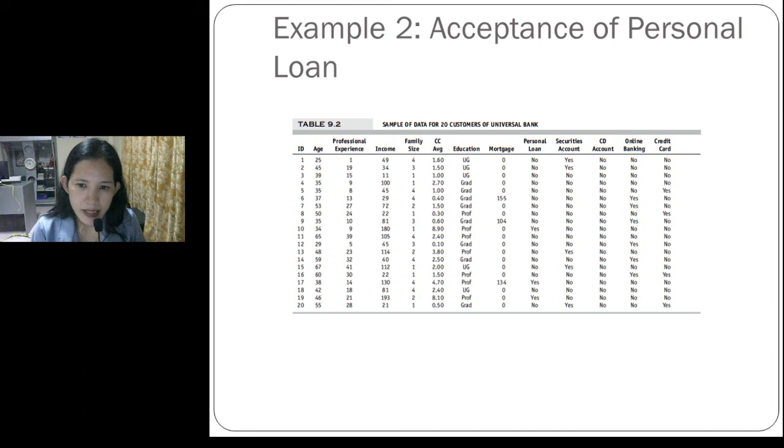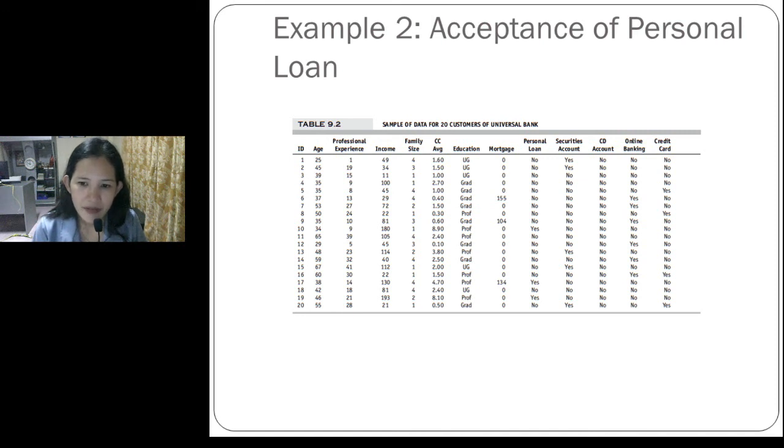The bank's dataset includes data on 5,000 customers. The data include customer demographic information such as age, income, etc., the customer's response to the last personal loan campaign, which is Personal Loan, and the customer's relationship with the bank, which is mortgage, securities account, etc. Table 9.2 shows a sample of the bank's customer database for 20 customers to illustrate the structure of the data.